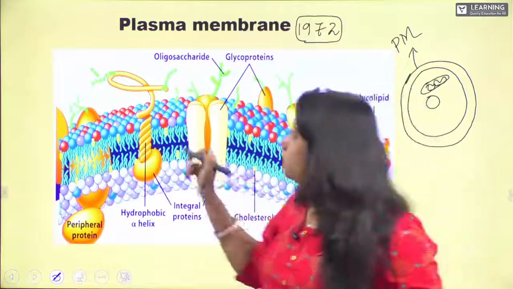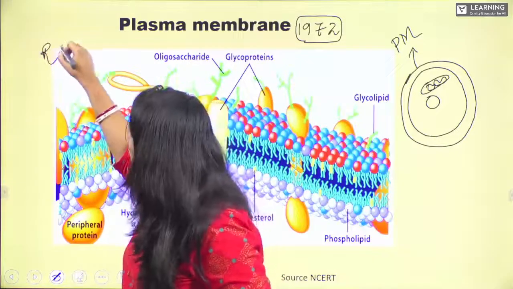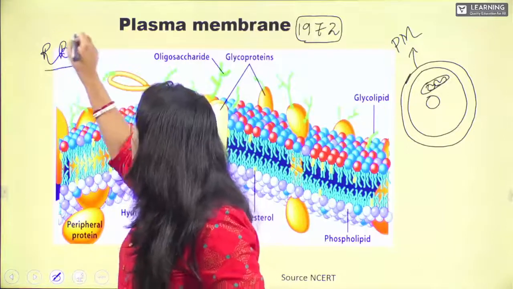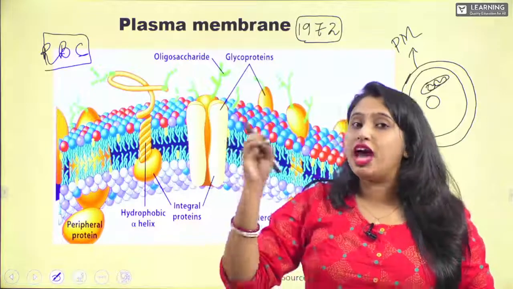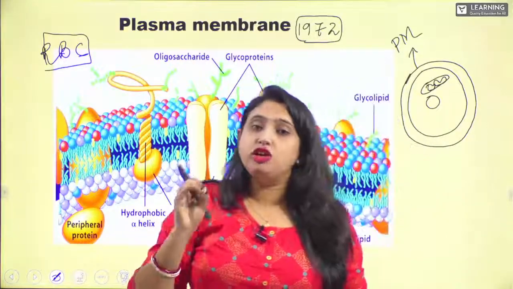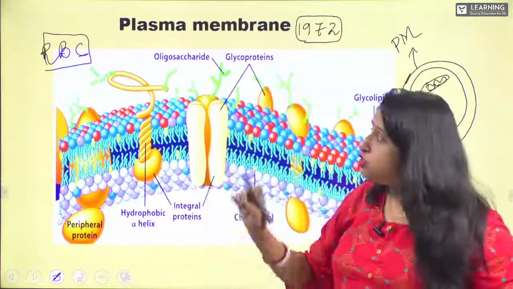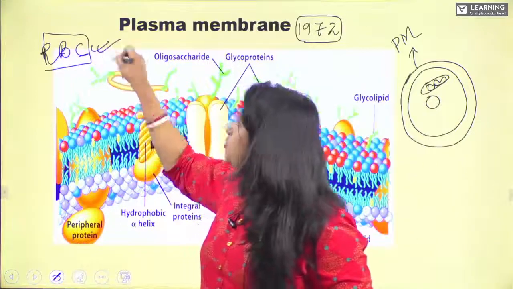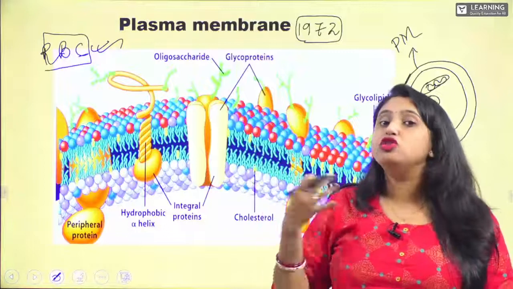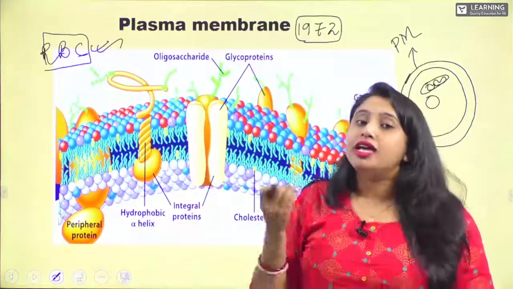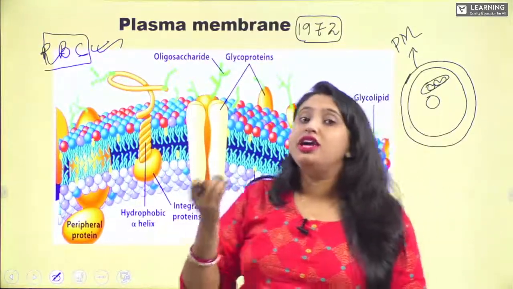First they examined the RBC cells, and by studying them they could find out the chemical composition of the plasma membrane, that is, what it is made up of.